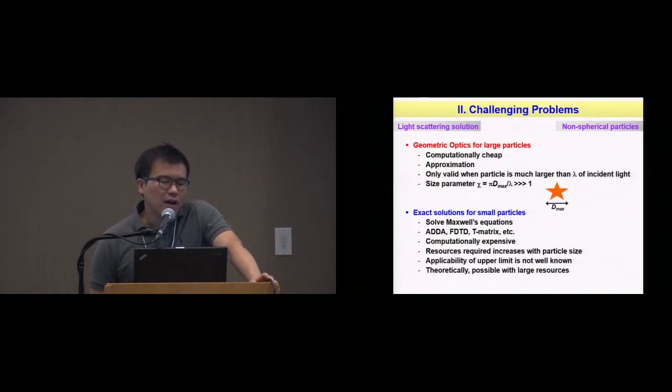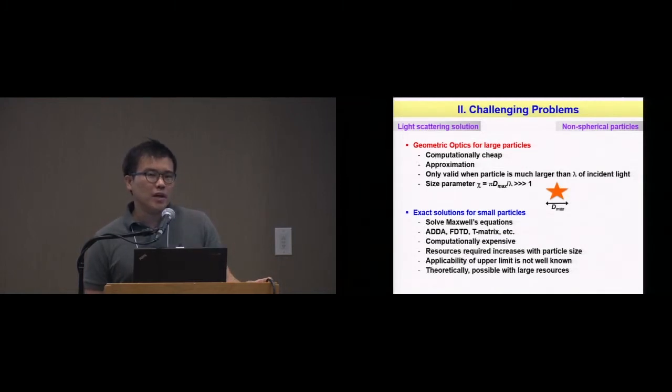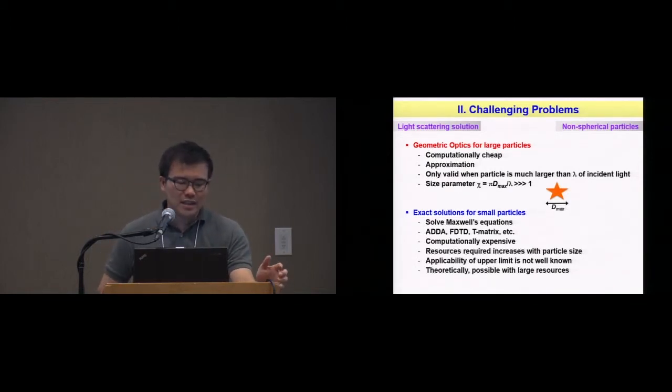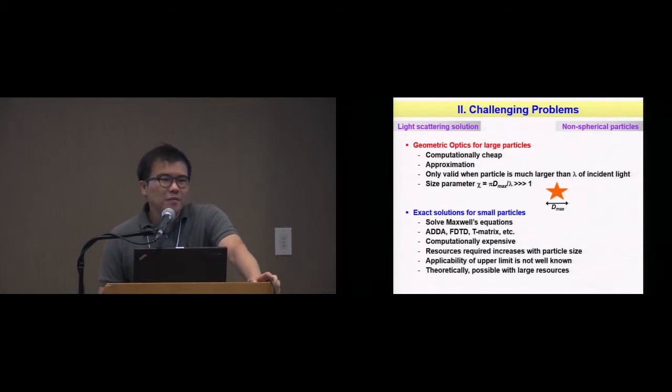Usually we define this parameter called the size parameter in the calculation of scattering properties. So size parameter is defined as the ratio between particle maximum dimension and wavelengths of incident light.